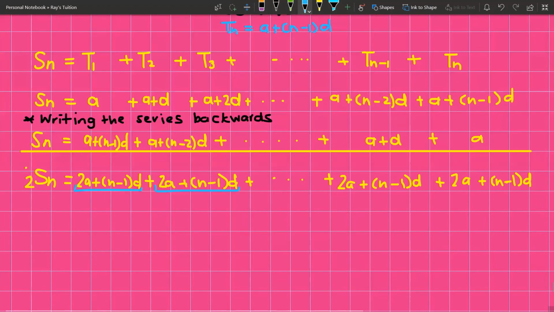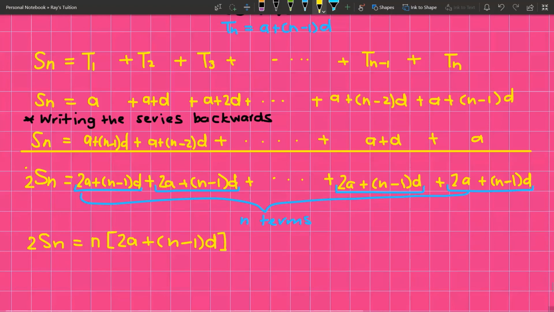So we've got a whole lot of these 2a plus n minus 1 times d terms. How many do we have? We started out by summing n terms, so we have n of those terms. So we can write 2Sn is equal to n times 2a plus n minus 1 times d.